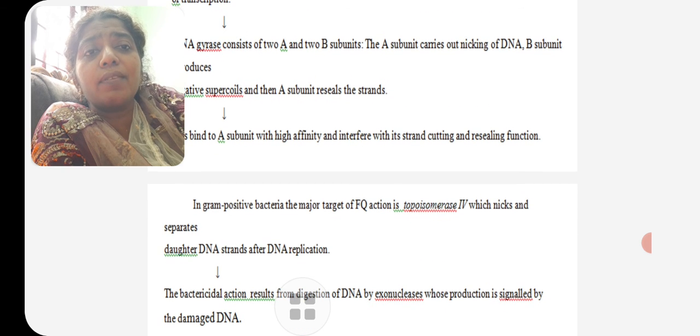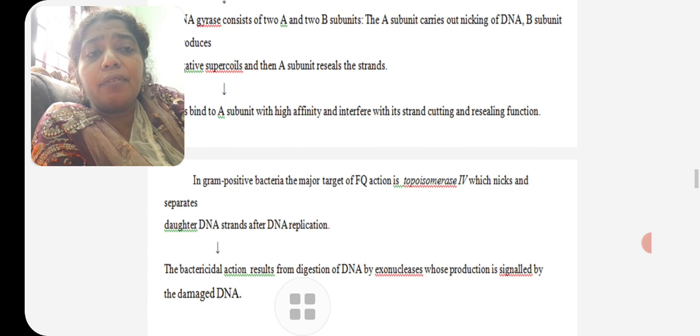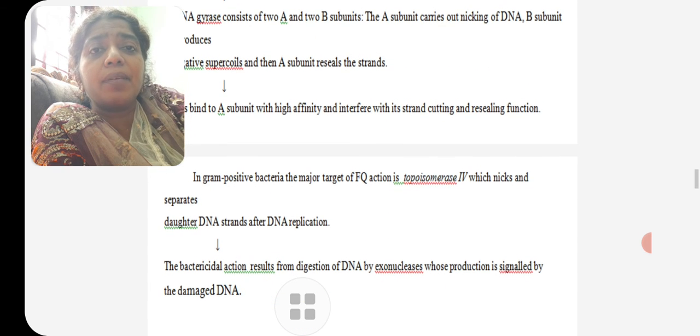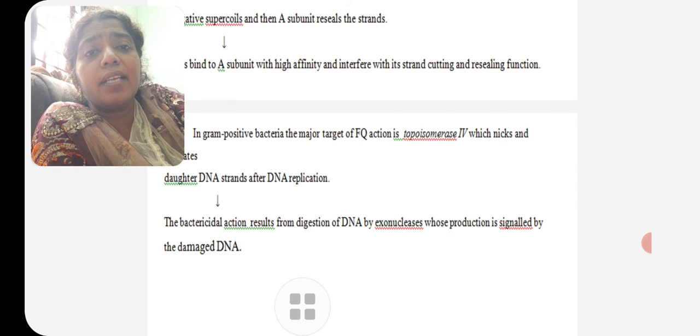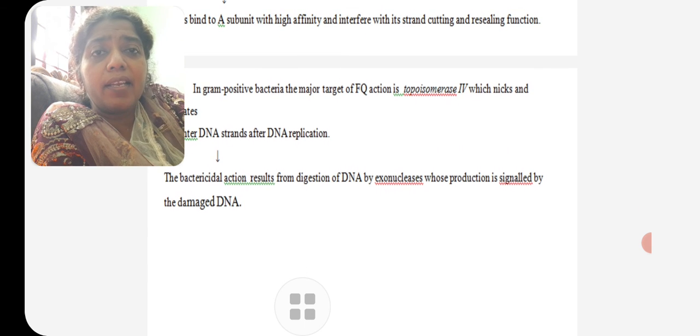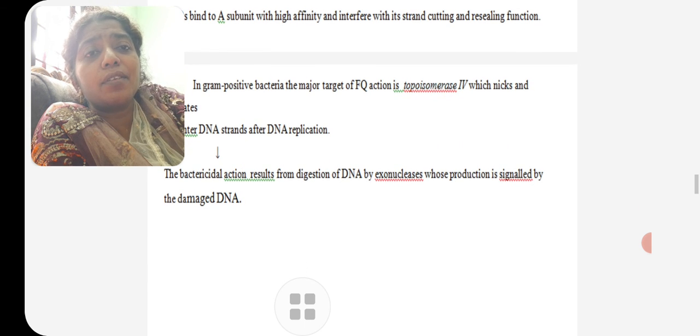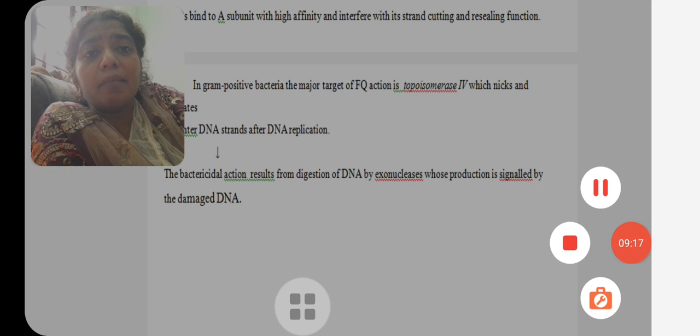The fluoroquinolones bind to the A subunit and interfere with the cutting and resealing function. In gram-positive bacteria, the target of action is topoisomerase 4, which nicks and separates the DNA for DNA replication. Finally, bactericidal action occurs due to digestion of DNA by exonuclease whose production is signaled by the damaged DNA.